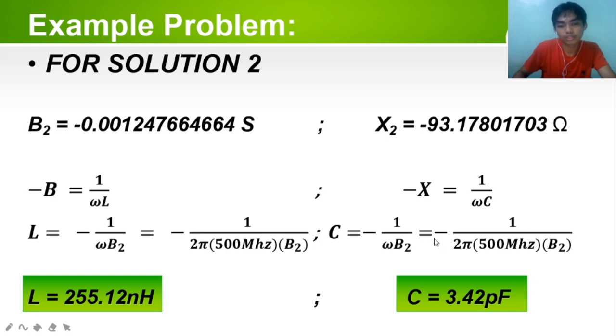So it is negative 1 over 2 pi times the frequency of 500 megahertz times the reactance 2, which is negative 93.1703 ohms. This gives us a capacitor value of 3.42 picofarad.